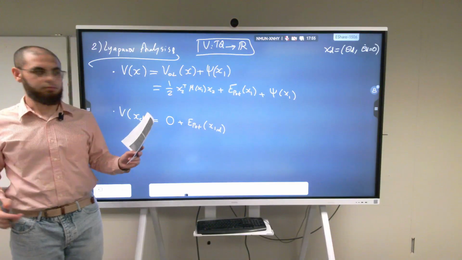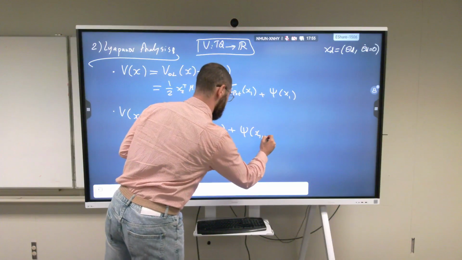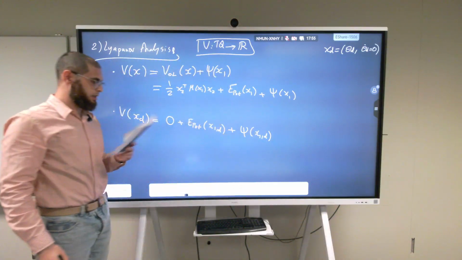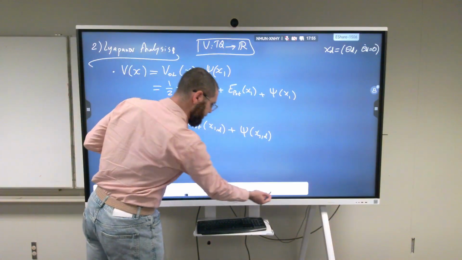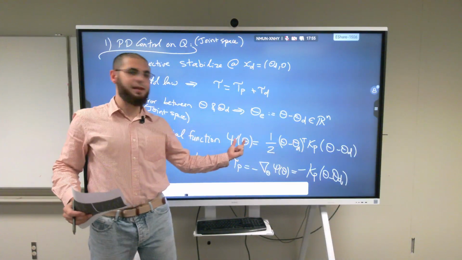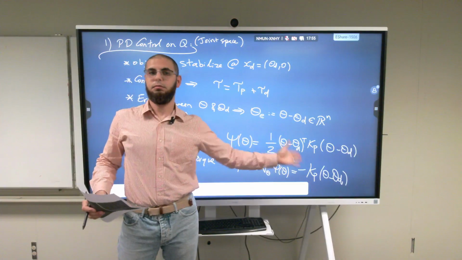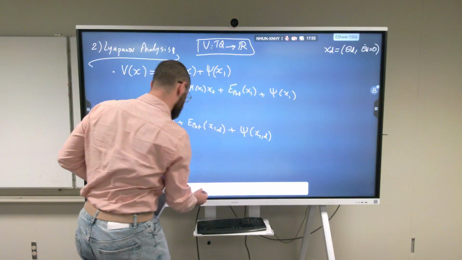Let's keep this to check it. What about psi of x1 desired? If we go back, this function that we added, the psi, is based on theta minus theta desired. If I plug in theta equal to theta desired, what do I get? 0. Okay? So this is equal to 0.